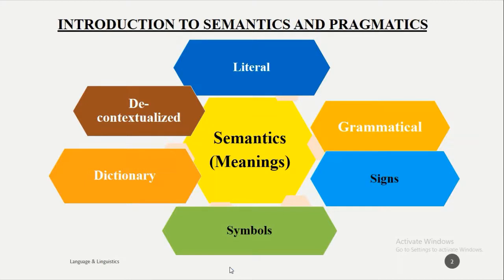Or you can say a symbol is something that represents another thing. It can be a picture, a letter, or a spoken and written word. So semantics is the study of literal, decontextualized, dictionary meaning, and the interpretation of signs and symbols is also part of semantics.